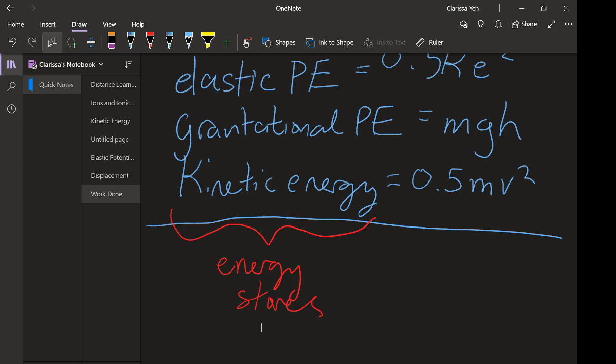So for example, if we had a football being kicked across the grass, it's losing kinetic energy as it's moving. Remember the law of conservation of energy: that energy can't just disappear.